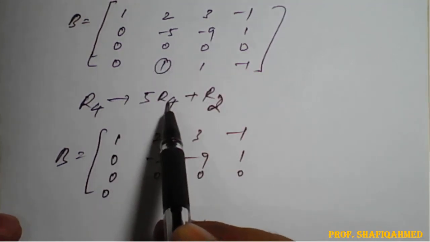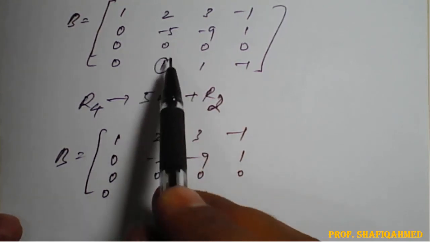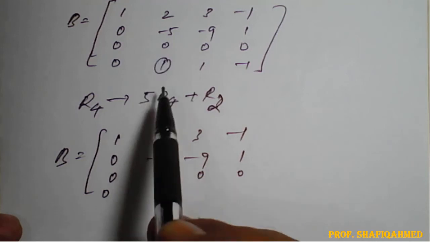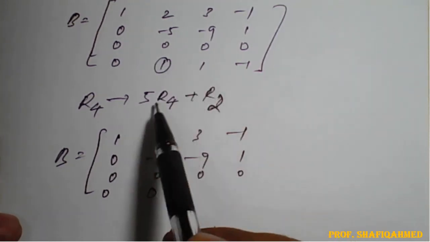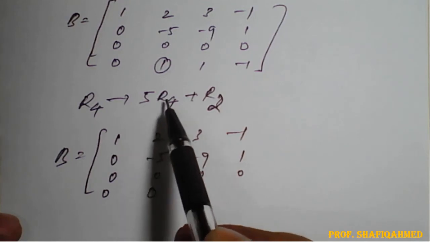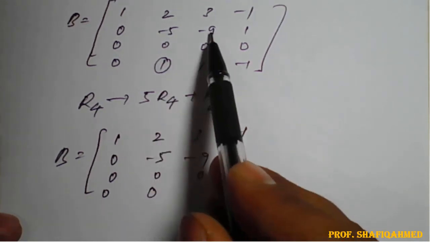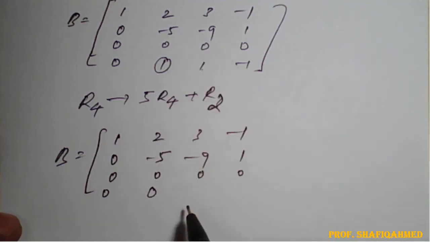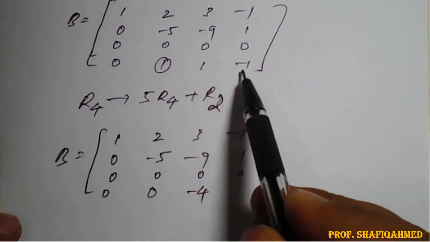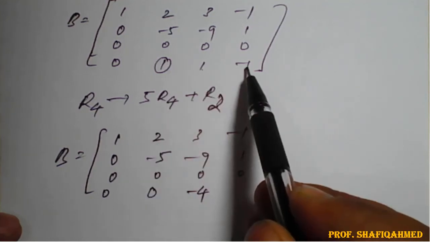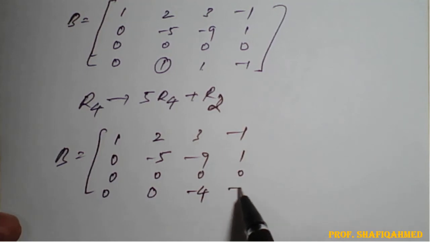So 5 minus 5 is 0, 5; then 5 minus 9 is minus 4; then 5 into R4, minus 5 plus 1, becomes minus 4.